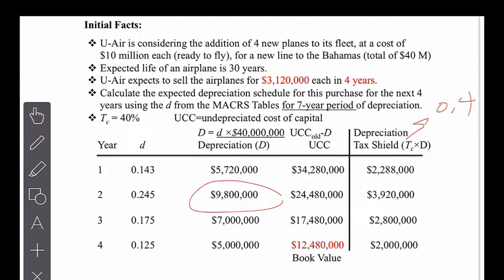Okay? So the makers table has already accounted for that for you. All you have to do is D times 40 million and then D times 40 million.